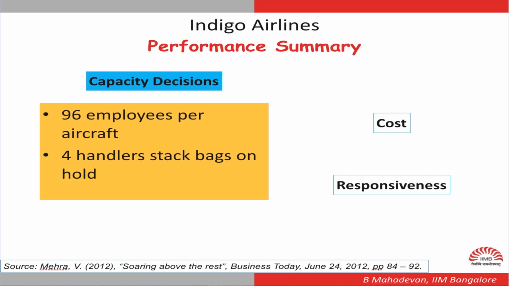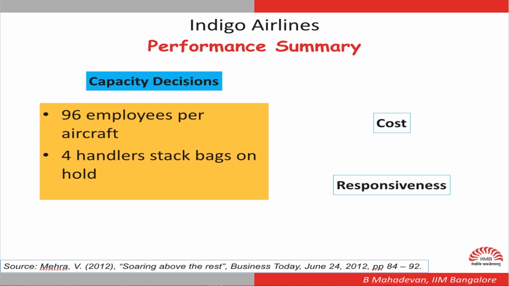Let's take an example of airlines. The industry world over, even in India, is going through a lot of competitive changes on account of policy reforms and so on. So let's look at this example here, which is to do with, let's say, Indigo Airlines. And suppose let's look at some of the capacity decisions.